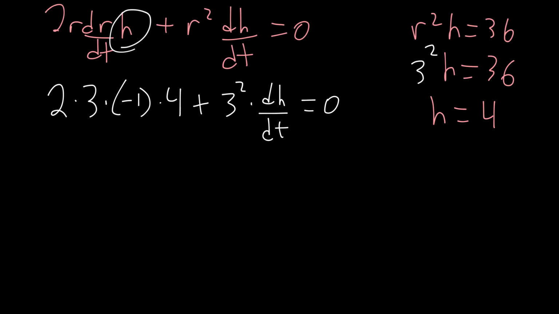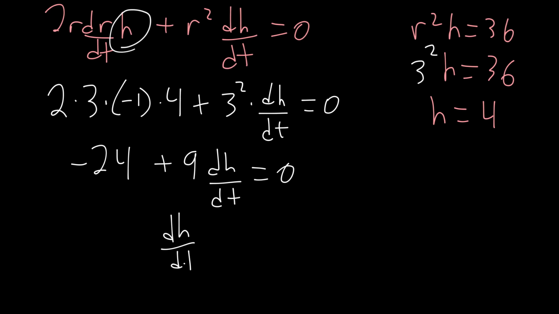So here we're going to get 2 times 3 times 4, which is going to give us minus 24, plus 9 dh/dt equals 0. And so if we solve for dh/dt, we get 24 over 9, which simplifies to 8 over 3.